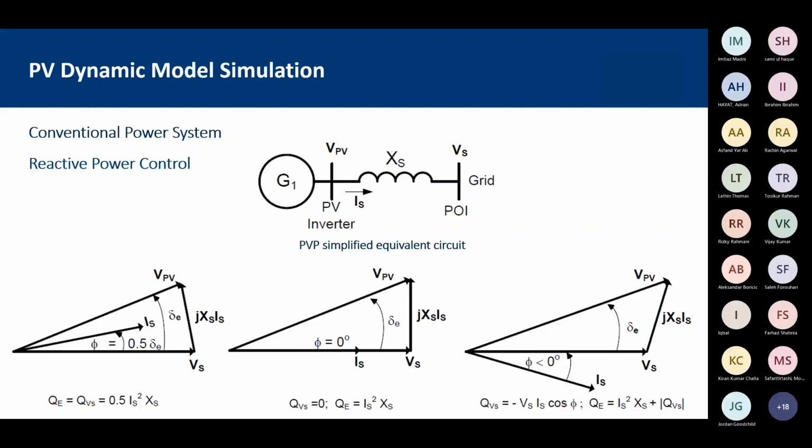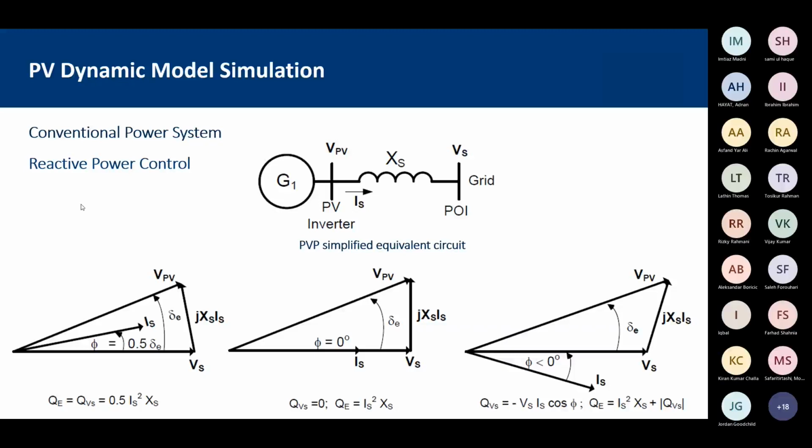For the conventional power system, as you can see here, we have just a simplified equivalent circuit where we have a generator and grid connected, and we have a point of interconnection. This is relatively simple.